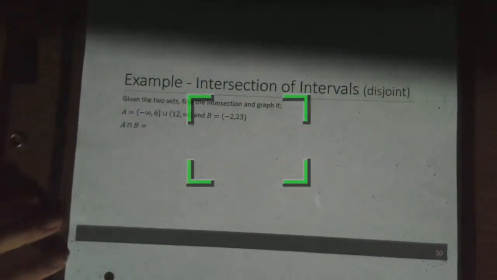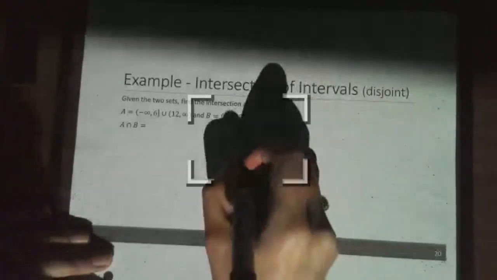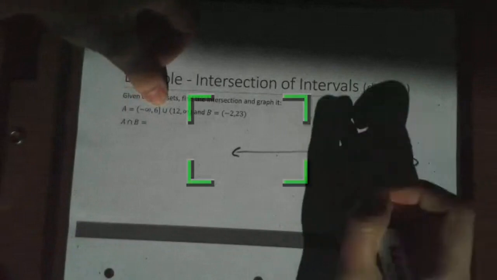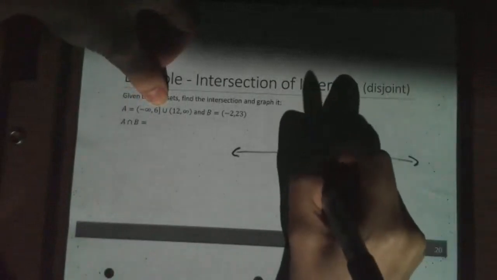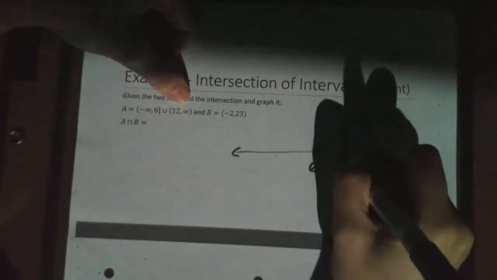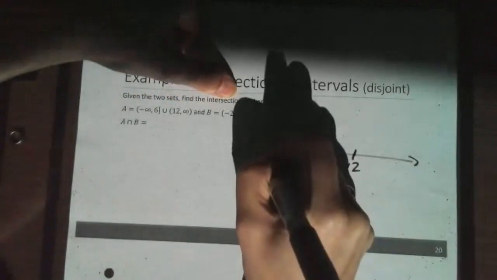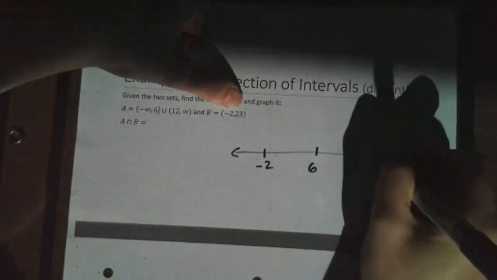All right, this last one, A has two intervals union together, and then we have B. So let's see if we can create a graph for this one. We're going to need a 6, a 12, a -2, and a +23.